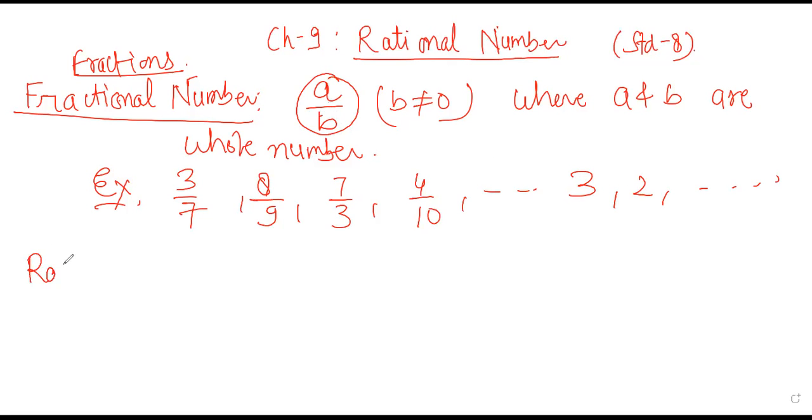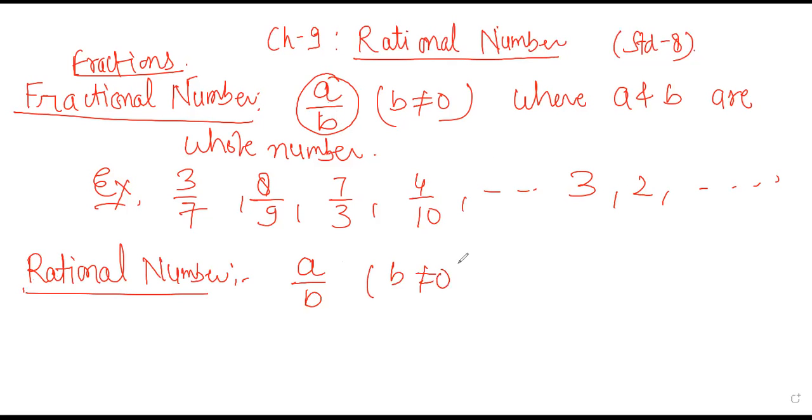Now, what is the definition of a rational number? Coming to the next concept, a rational number looks the same, a upon b, b not equal to 0, but a and b are integers.